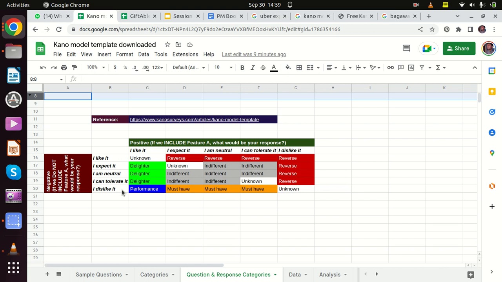Just because the customer said, okay, I'm not expecting you to give it to me, fair enough, but the customer is also going to be happy or is going to like it if you actually give it. When you combine these two responses, the inference that you need to draw is that this is a delighter. All right? So that's how we find out our performance and delighter features.